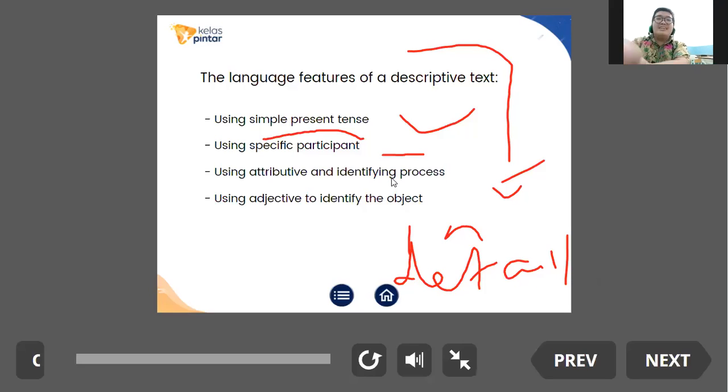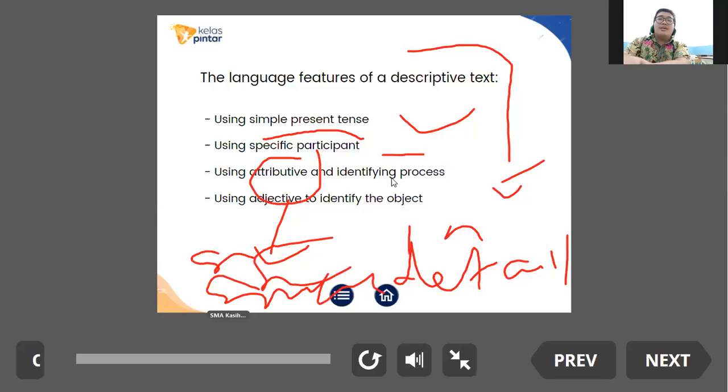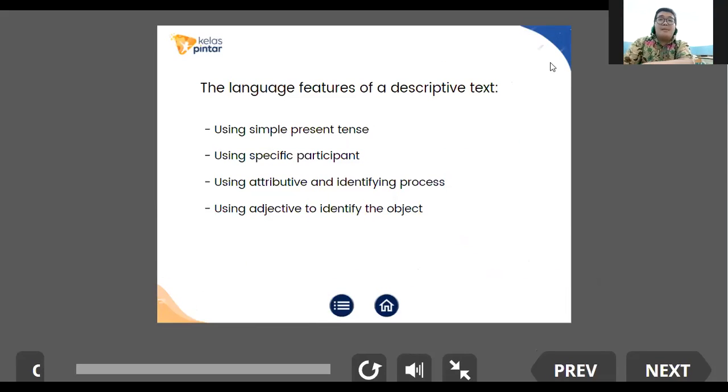Okay, and then it also uses the attributive, ya, biasanya ada tanda-tanda, the sign or symbol, history, etc. Intinya tentang gambarannya. And then the identifying process, ya, pasti ada identifikasinya, whether it is the history or the physical building, or the physical condition, the detail of the time, of the size, maybe, ya, rincian waktu, ukuran, and many things.